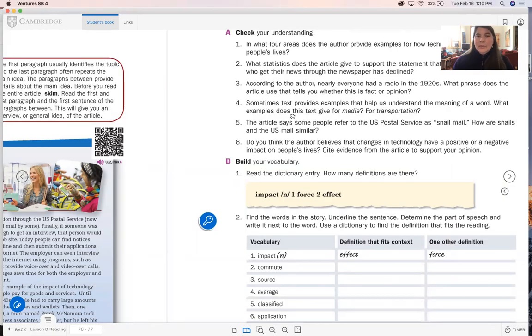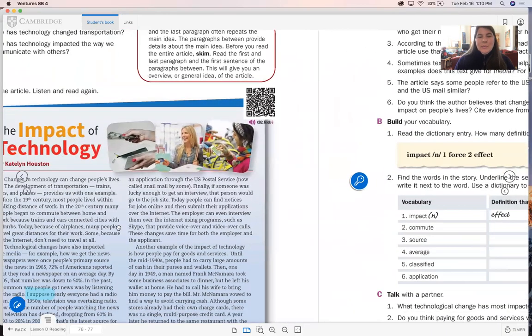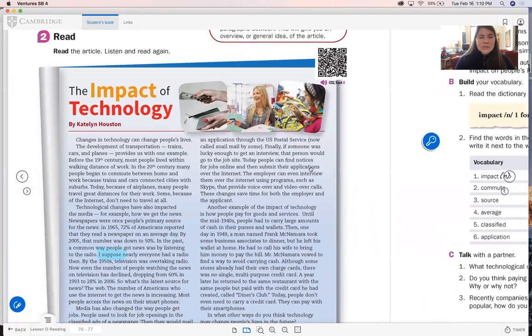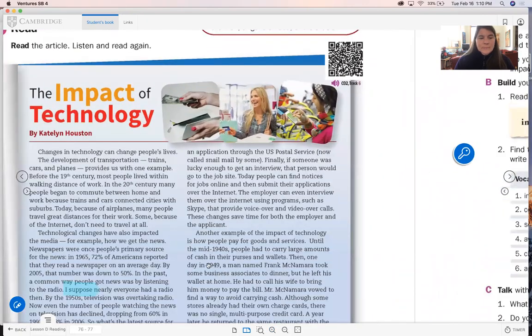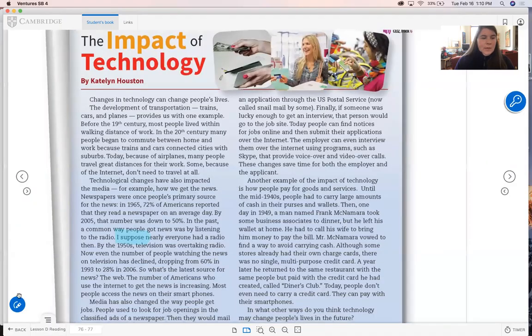So what examples does this text give for media and transportation? I know you know the word transportation, but this is a great example of how we do this in English. Let me zoom in a little bit. Okay. So if you did not know these words, look right here.